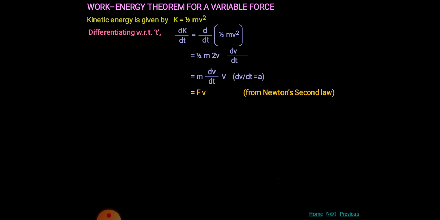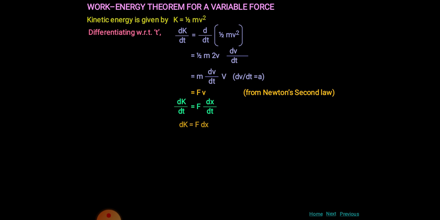So we have got here dK by dt is equal to F into dx upon dt. Instead of v, we can put dx upon dt, because velocity is nothing but displacement upon time. If we observe this equation carefully, dt is present on both sides, so we can cancel it. We will get dK is equal to F into dx.